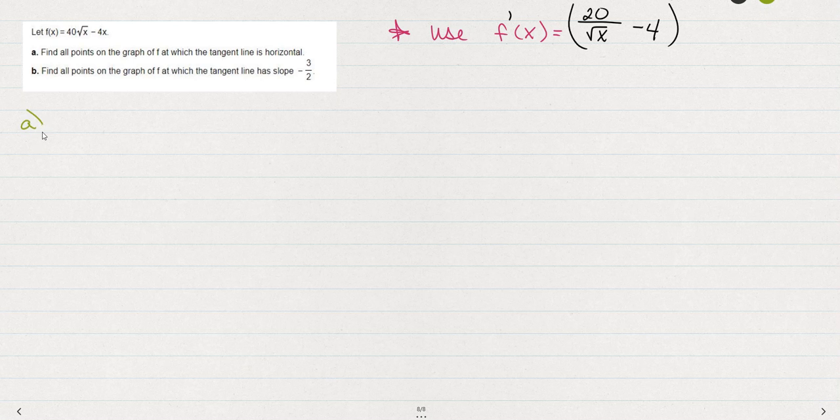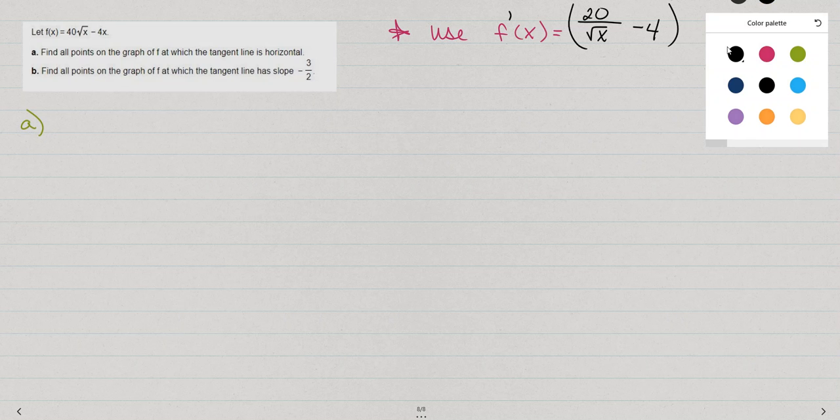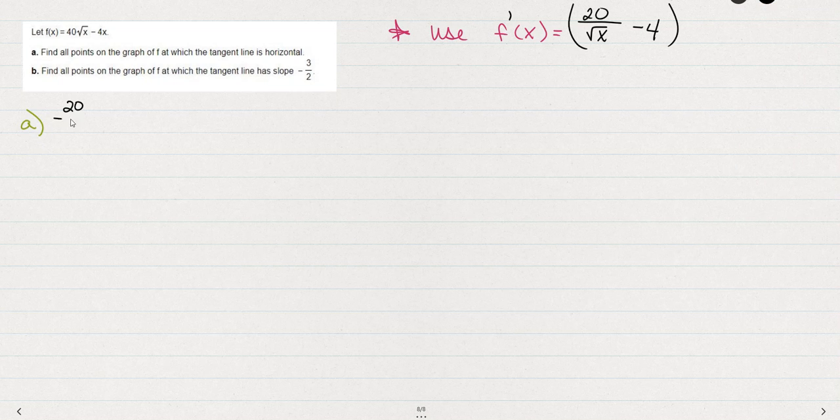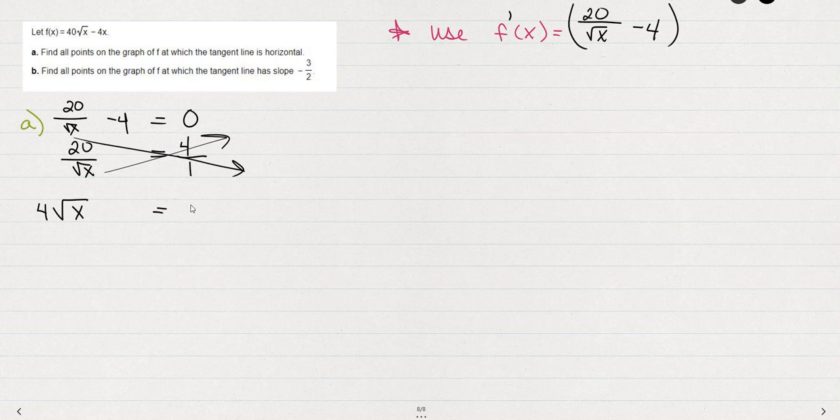For part A, I'm going to now set this derivative equal to 0 and solve. So I'd have 20 over the square root of x. Adding 4 to both sides, I'd have equals 4. And if I write that 4 as 4 over 1, one way, and there are multiple ways, I could solve this is cross multiply. So I have 4 square root of x equals 20 times 1. Square root of x is going to be 20 divided by 4.